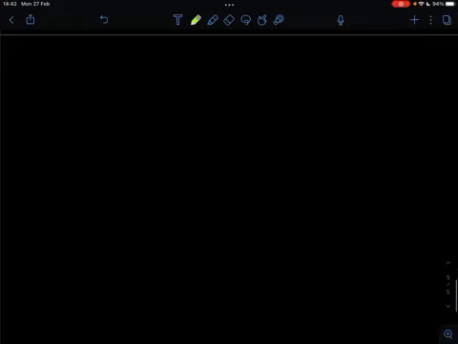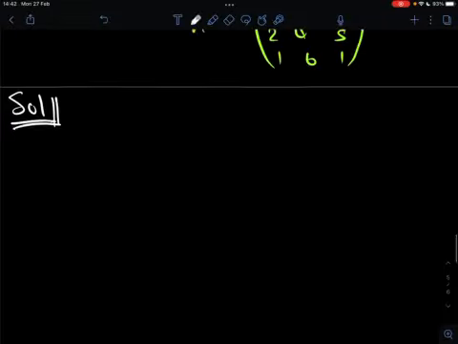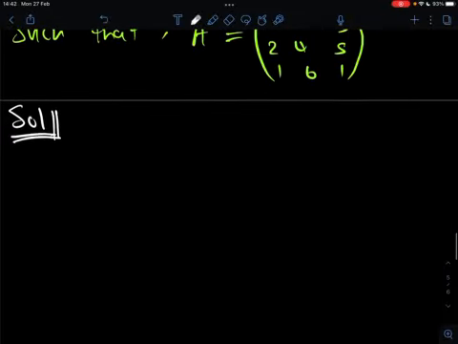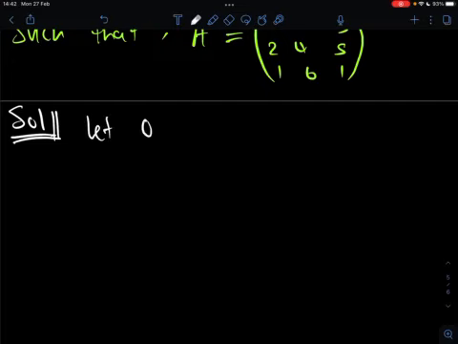To answer this problem, this is how we're going to proceed. First, we have to recognize what our operation is. We want to create an operation that adds row 2 and row 3. So I will say let O be the operation R2 plus R3, adding R2 and R3 together.